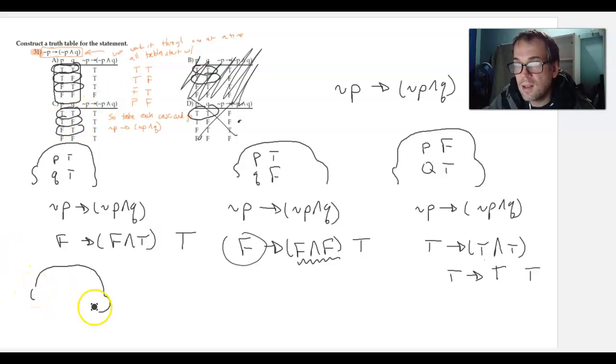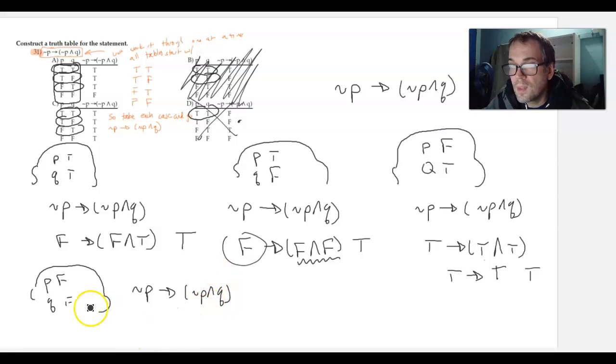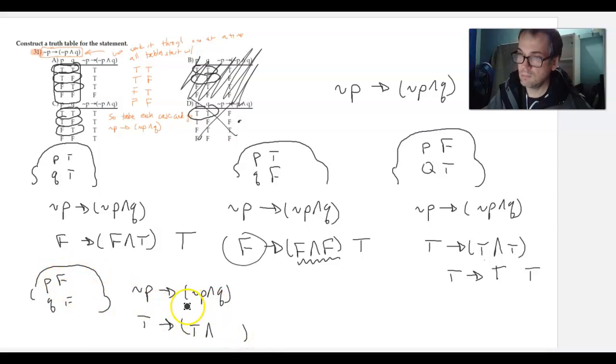Here's my brain. This time we'll look at P being false and Q being also false. So we're still thinking about not P implying not P and Q. So not P is true, implying not P and Q, which is false.